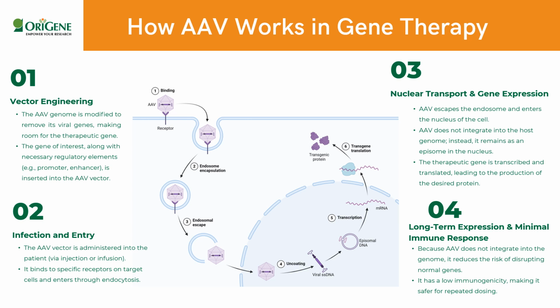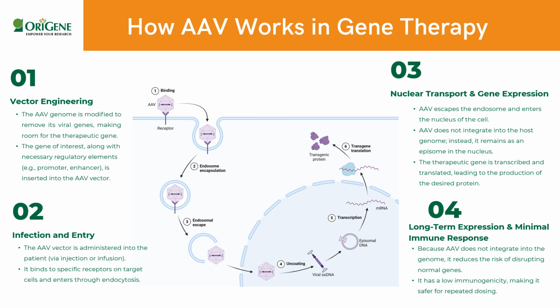So what happens next? Once administered through injection or infusion, the AAV particles locate the target cells, bind to specific receptors, and enter the cell via endocytosis. Once inside the cell, the AAV escapes the endosome and enters the nucleus.